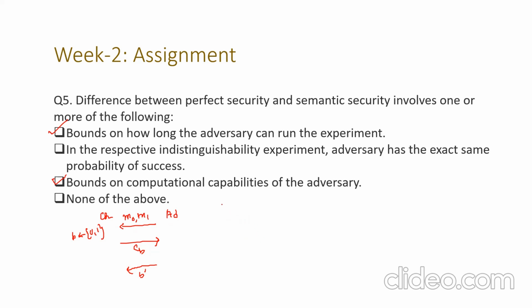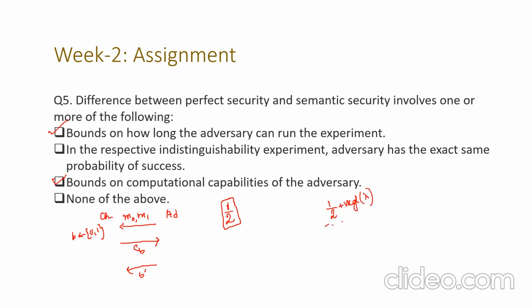If it is a perfectly secure scheme, then the adversary's probability of winning is exactly half. The adversary can always randomly guess a bit B dash between 0 and 1 and reply with that. That has probability of winning half, but nothing more than that. It is exactly half in case of perfect security. But in case of computational security, the adversary's winning probability can be negligibly greater than half.